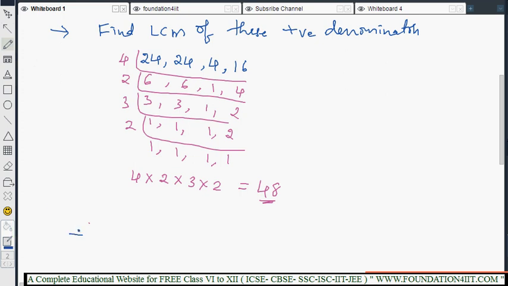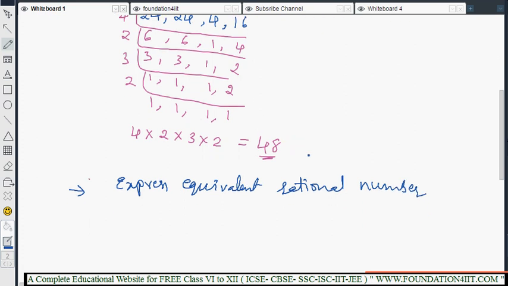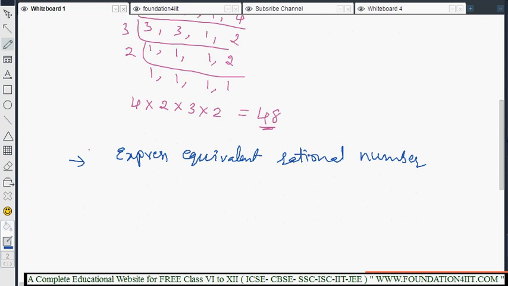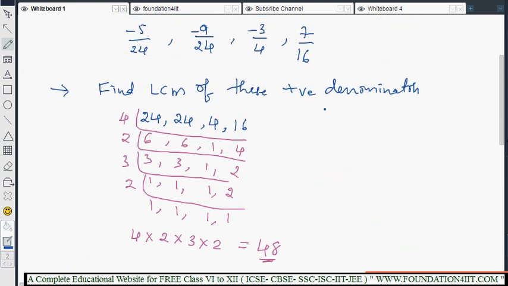So next step, express equivalent rational numbers with the denominator 48. The first one is minus 5 by 24.